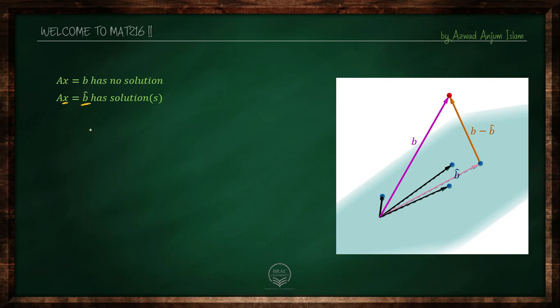Anyway, so moving on, B minus B hat is perpendicular to the column space of A, right? And we know that anything that is perpendicular to the column space of A must be a member of the orthogonal complement. This is exactly why I went through the definitions at the start of the video, because this is important.